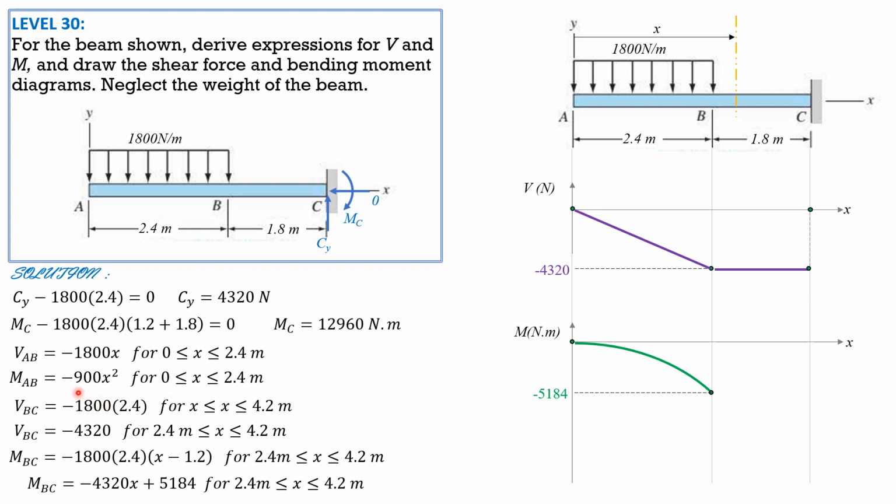Again, substitute here negative 900 times 2.4 squared, negative 5184. For BC, when x is 2.4, you can evaluate it is negative 5184 also. When x is 4.2, negative 4320 times 4.2 plus 5184.